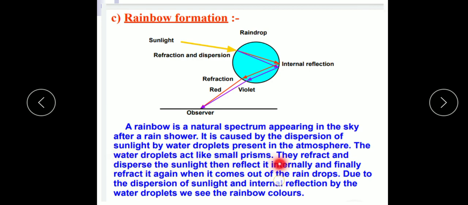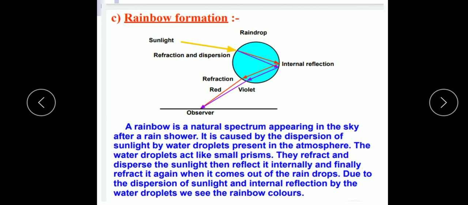So these water droplets refract and disperse the sunlight, then reflect it internally and finally refract it again when it comes out of the raindrops. So due to the dispersion of sunlight and internal reflection by the water droplets, we see the rainbow colors.